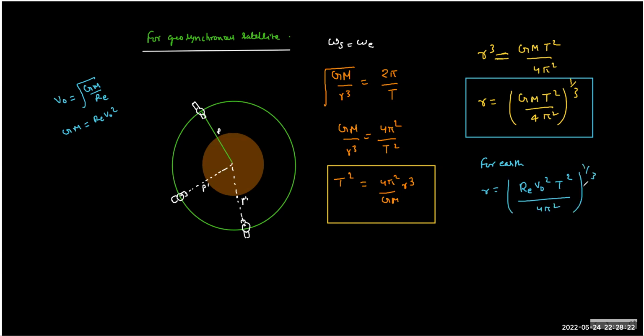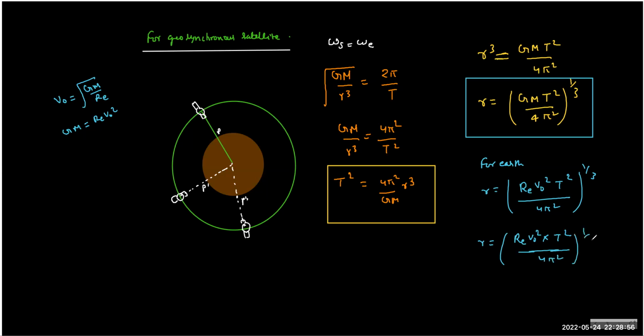To make it simple, because we know the value of v naught, I'll replace T in terms of v naught. So T is 2 pi RE by v naught. Sorry, my bad. This is the Earth time period because that's a fixed value. So this is 24 hours. I should not change this further.